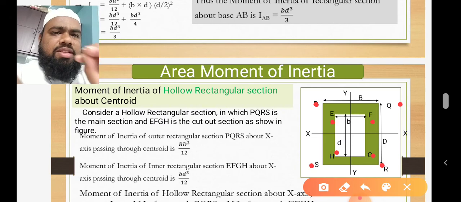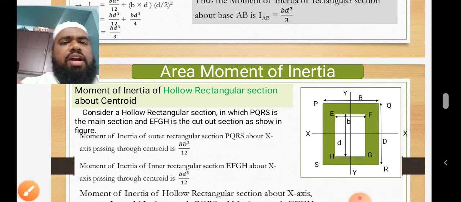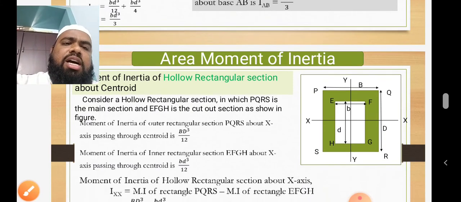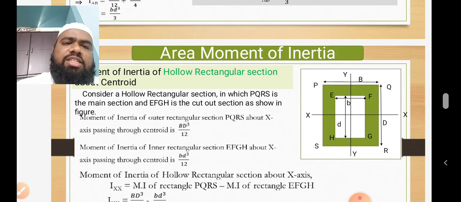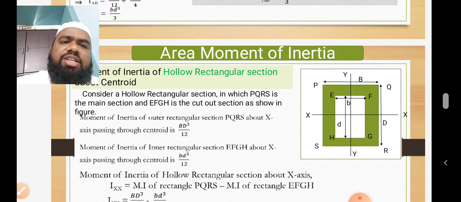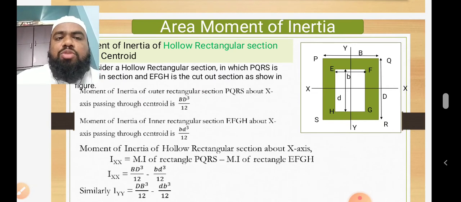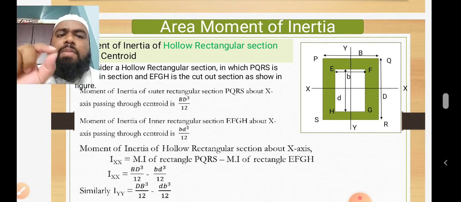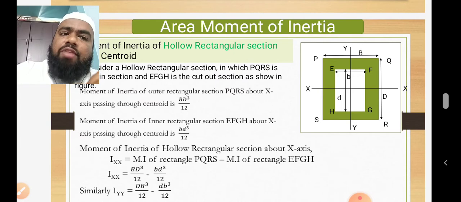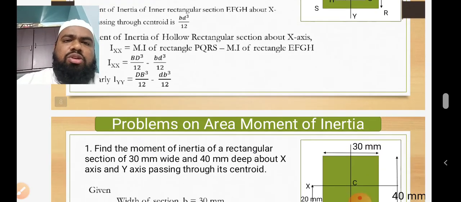The same logic will be applied here in the centroid also. That's what we have done. So the moment of inertia of rectangular section PQRS about the x-axis will be BD cube by 12. Now the moment of inertia of the cut section is also bd cube by 12. Now IXX is equal to the moment of inertia of the large section minus the moment of inertia of the cut section, which is equal to BD cube by 12 minus bd cube by 12. Similarly I by Y is also the same.